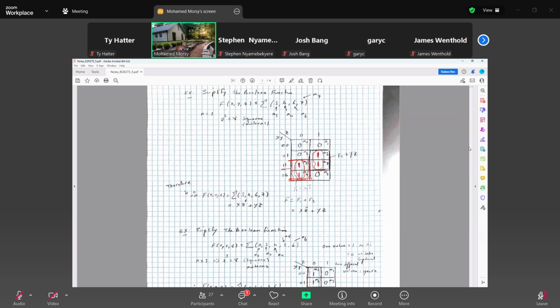We mentioned this before, right? So what do we take, X or Y? No, we should take X. Why don't we take Y? Because it changes, it has different values.